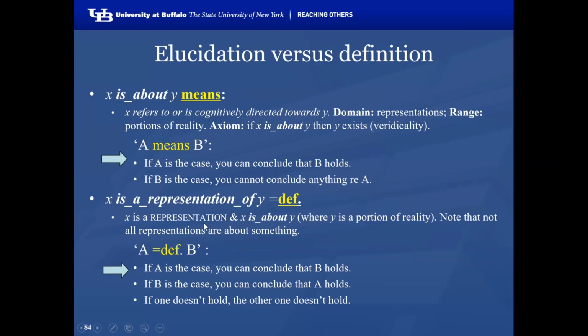Example: a representation of, X is a representation and X is about Y, where Y is a portion of reality. Note that not all representations are about something. So in this case, if A is the case, you can conclude that B holds. If B is the case, you can conclude that A holds. If one doesn't hold, the other one doesn't hold.